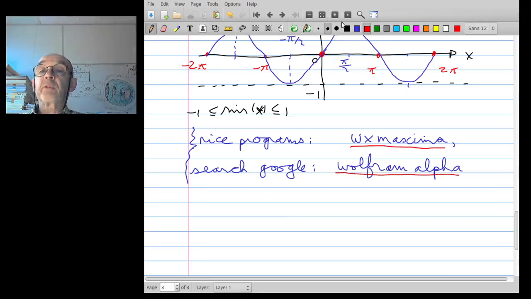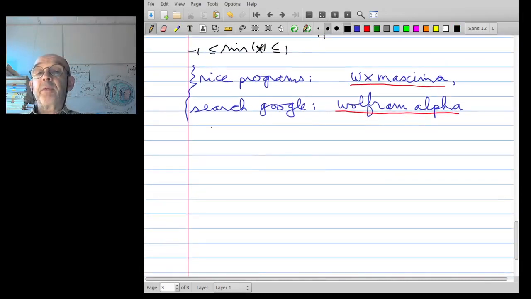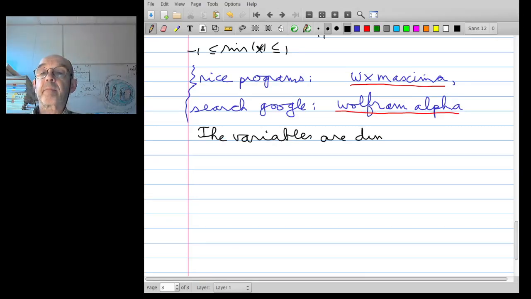Further, I have not told you yet, but that is of importance. The variables we use are dimensionless. And I think that is of importance.